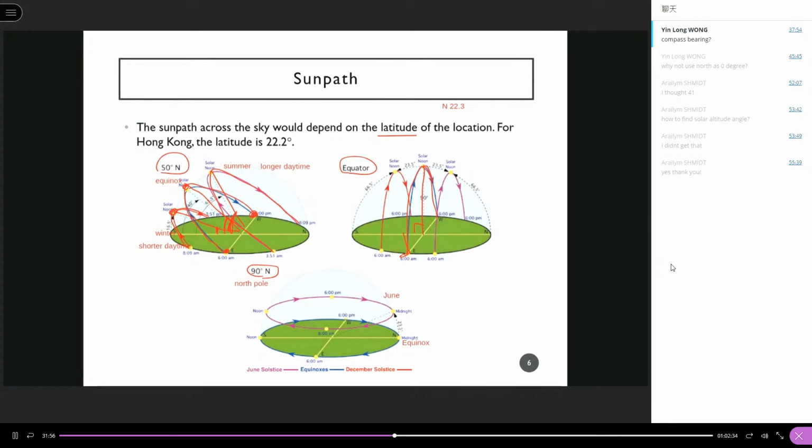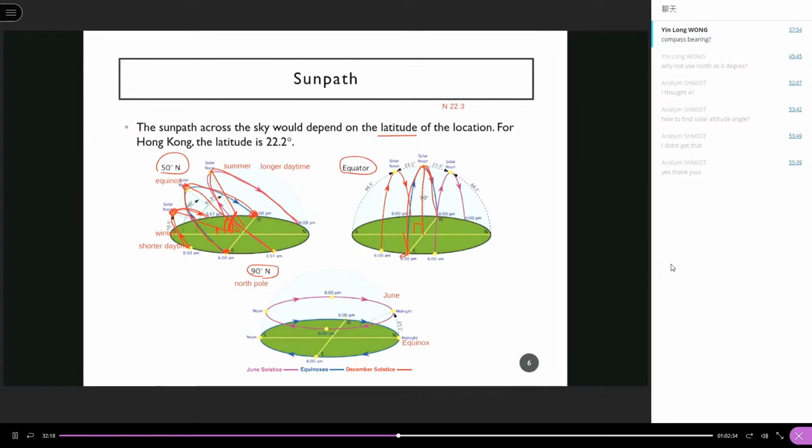Very strange, right? And how about winter in December? In December, the sun will be below the horizon, so you will not be able to see the sun in December when you're in the North Pole. So 24 hours nighttime.